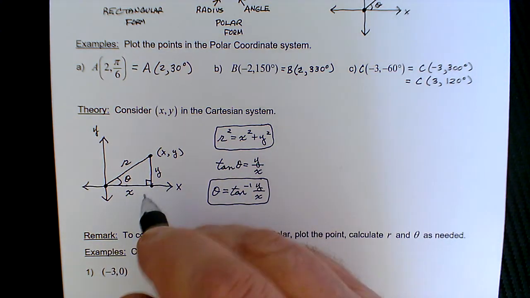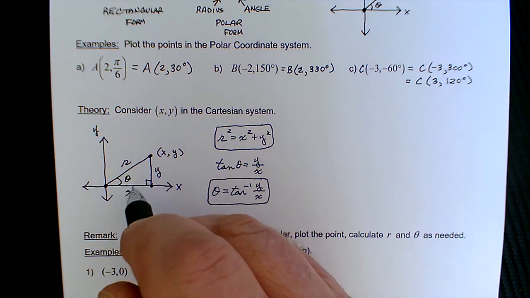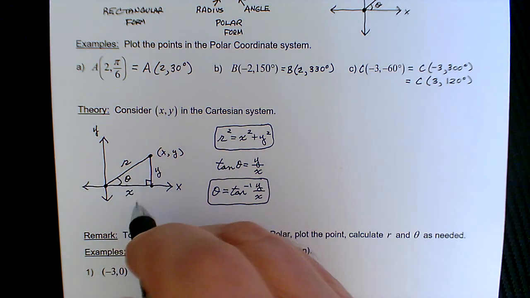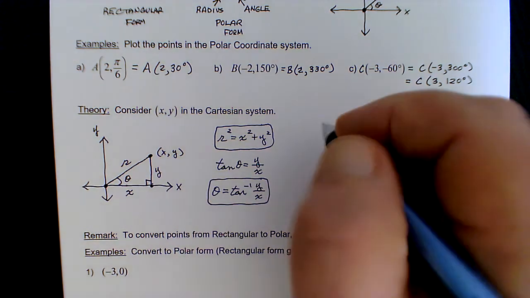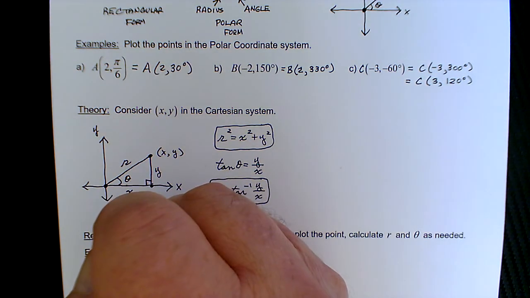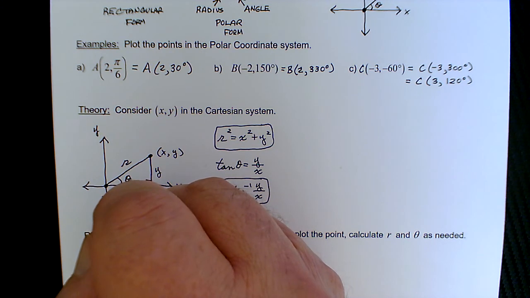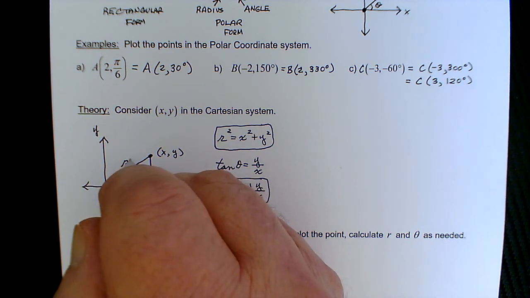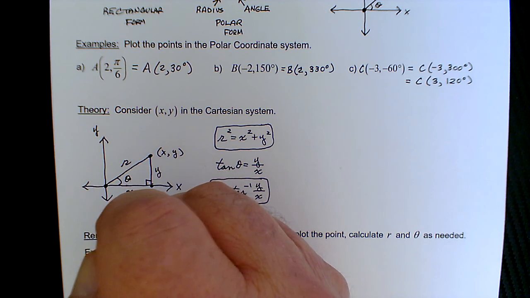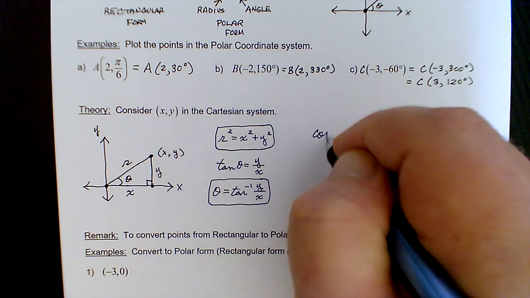Now, if we're given polar and we want rectangular, that is, we're given r and theta and we want to find x and y, then let's say we're going for x. We'd have to involve a trigonometric function in terms of theta that involves x and r, and that would be adjacent over hypotenuse, so that's the cosine of theta.